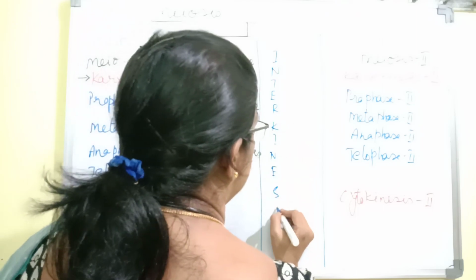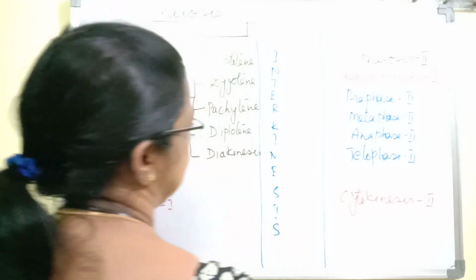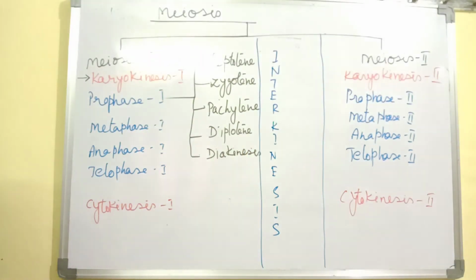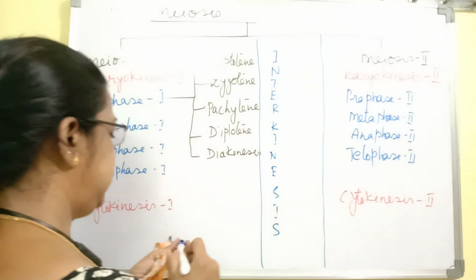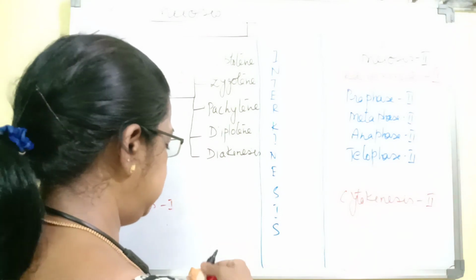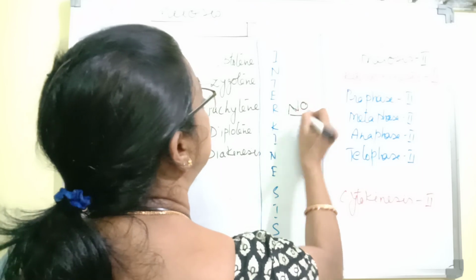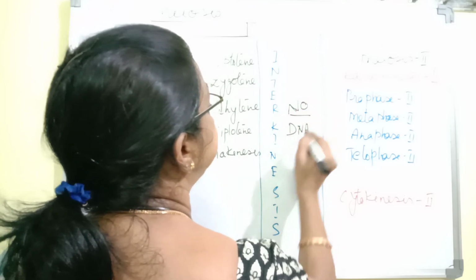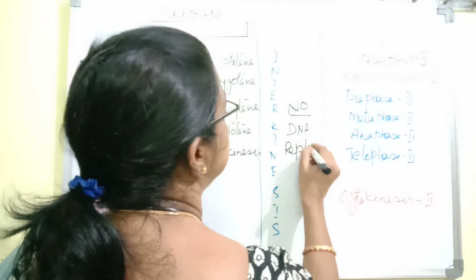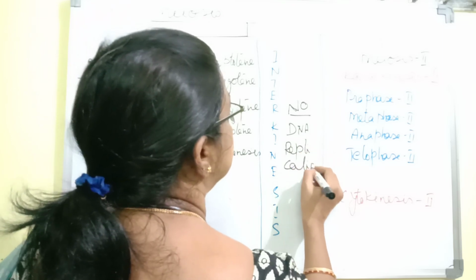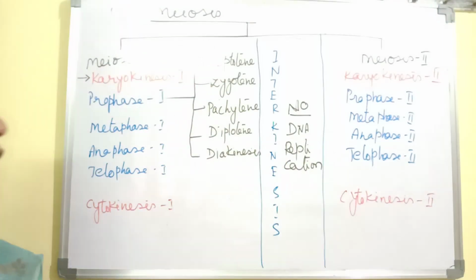In interkinesis, there is a G1 phase and G2 phase, but there is no DNA replication. So this is the overall summary of meiosis.